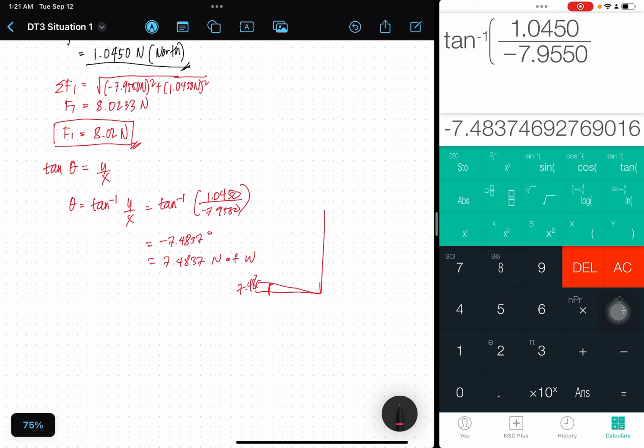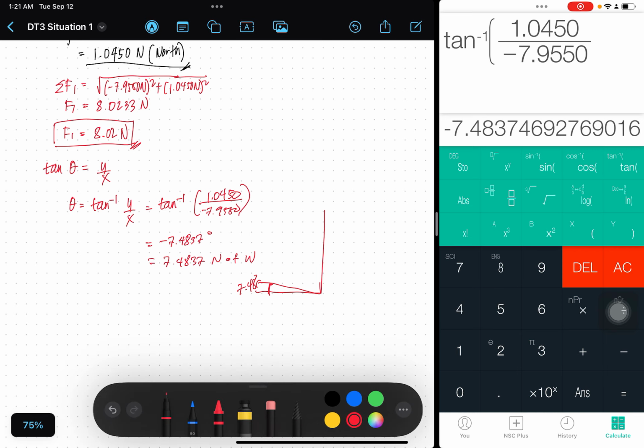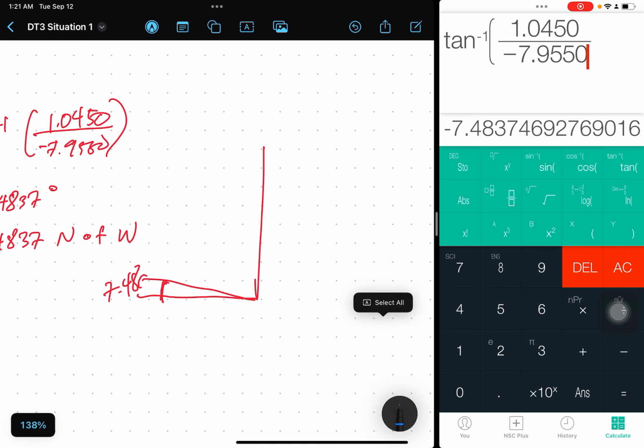Kung kukuha tayo ng angle na mula sa x-axis natin, diba ang x-axis natin pa ganyan. So, automatic 90 to. So, 90 minus 7.48, ito po yung value na nandito.